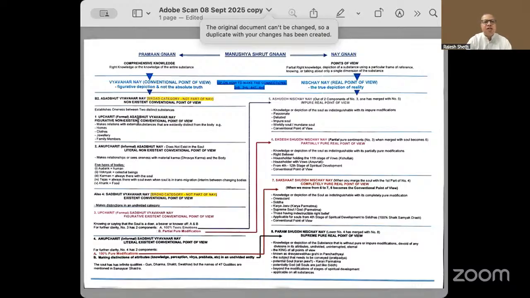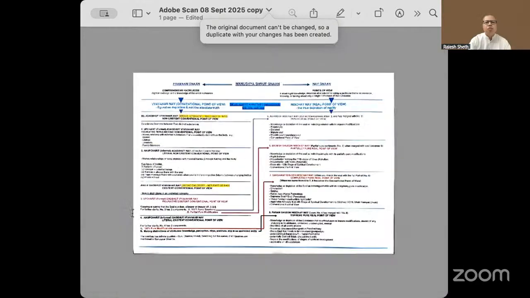So we discussed the 4 conventional points of view. Is it full screen? You are able to see, or I can still increase something? Reading is a little difficult, but we are able to see it.